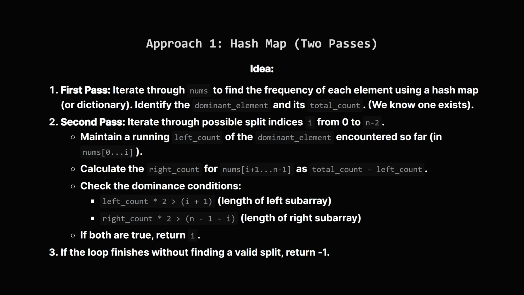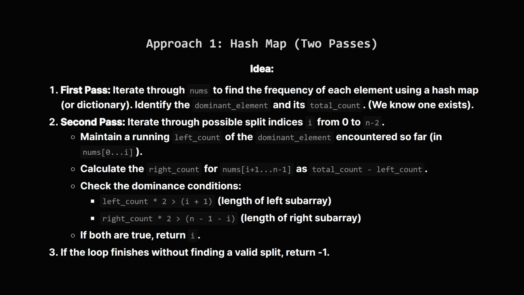Now, we just need to check if the dominance conditions hold for this split index i. First condition, is dominant_element dominant in the left subarray nums[0..i]? This means checking if left_count * 2 is strictly greater than the length of the left subarray, which is i+1. Second condition, is dominant_element dominant in the right subarray nums[i+1..n-1]?